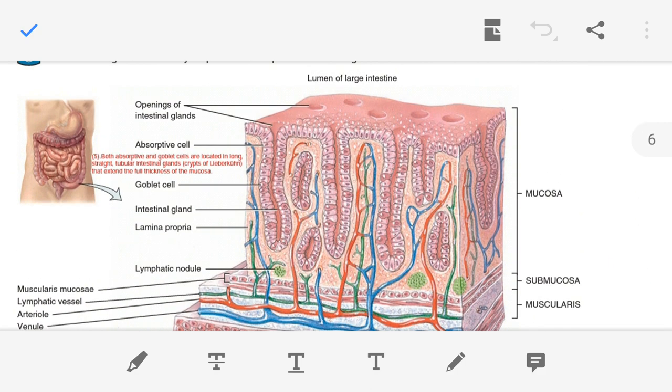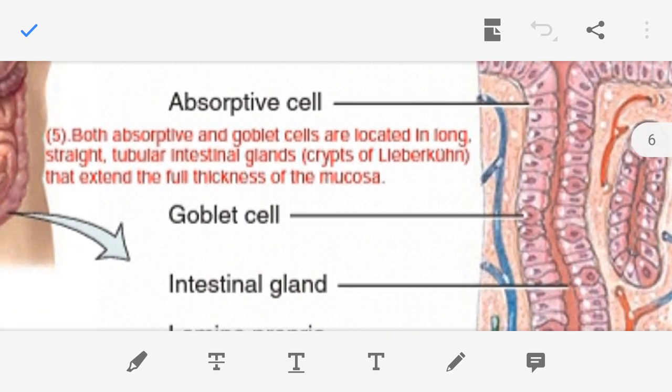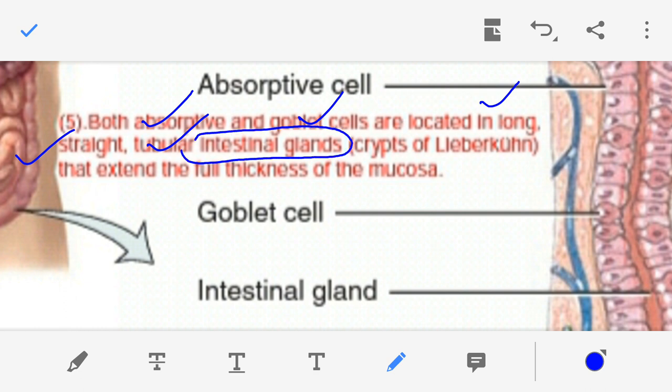Now the fifth point. Where are these absorptive and goblet cells present? They are located in the long straight tubular gland, and this gland is known as the intestinal gland.